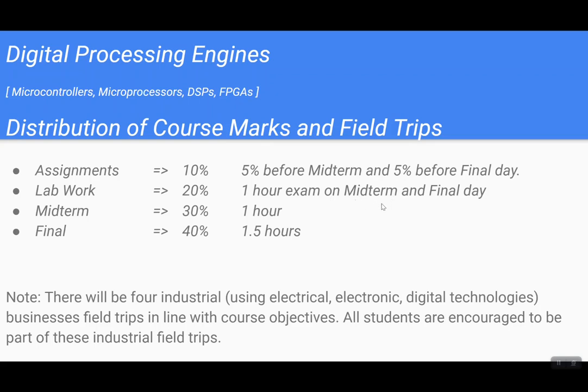And there will be a half an hour to 1 hour break before you get the actual midterm exam, or the final exam, which is 40% and an hour and a half long, and the midterm is 30% and an hour long.